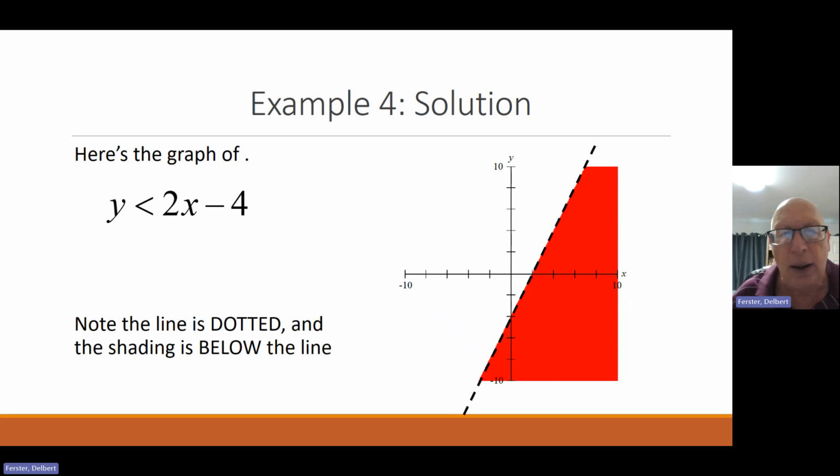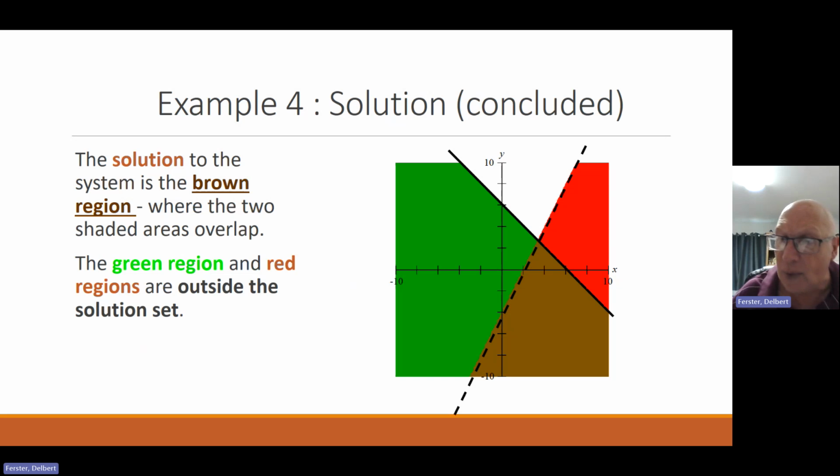second dot. This time your graph is a dotted line because there was no equals option. Again, since its y is less than, the shading relative to this line is below as well. So you get the red shaded as the dots that satisfy this inequality. So if you put both inequalities together on the same grid, and I kind of wish I had just done this initially, what you get is what's on your screen now.